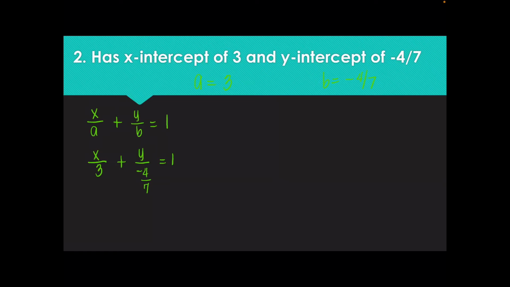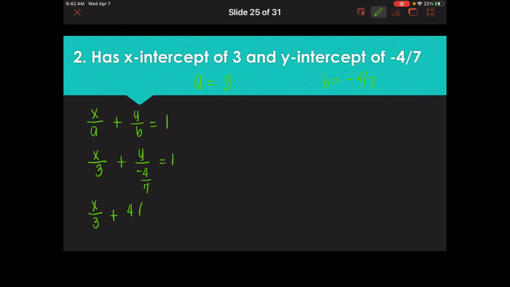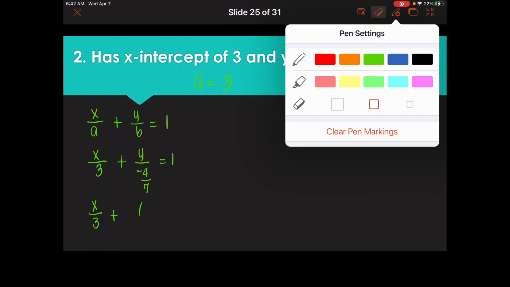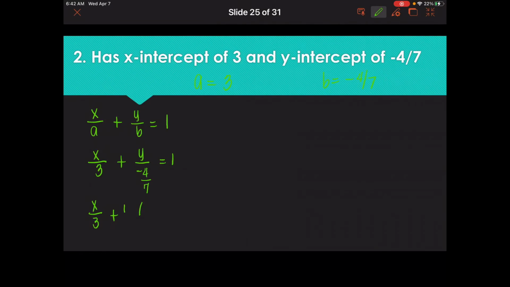Okay, so the first thing that we have to do here is to fix the second term. So that would be x over 3 plus y times, wait, let me erase that. It should be y times, now we get the reciprocal of negative 4 over 7. Don't forget that reciprocal is you interchange the numerator and the denominator.